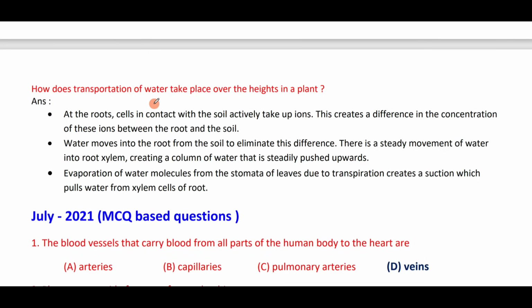Because of this difference, the water moves into the root to eliminate it. There is a steady movement of water into the root system, creating a column of water that is steadily pushed upwards. Evaporation of water molecules from the stomata of leaves due to transpiration creates a suction which pulls the water from the xylem cells of the root. Very important question.